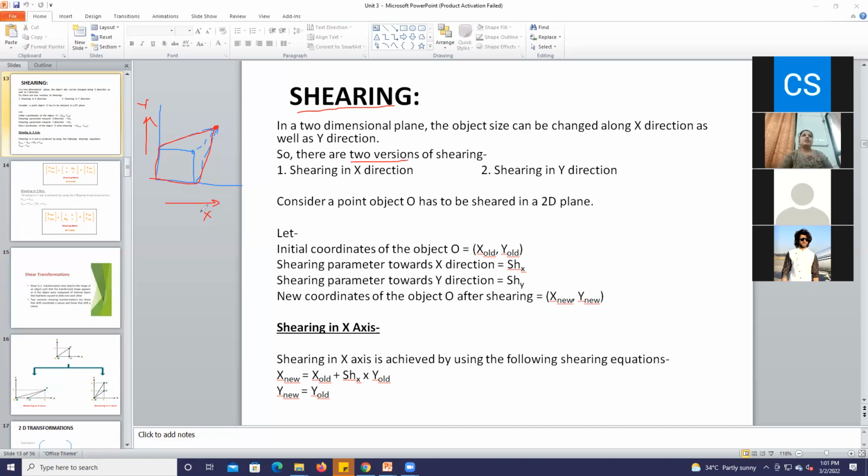And the shearing parameter along the x-axis is shear along x, SHX. So if the x direction is considered, then the shearing factor is called SHX. And if the y direction is considered, then the shearing factor is called SHY, shear along the y-axis. So the new coordinates will be x new and y new.